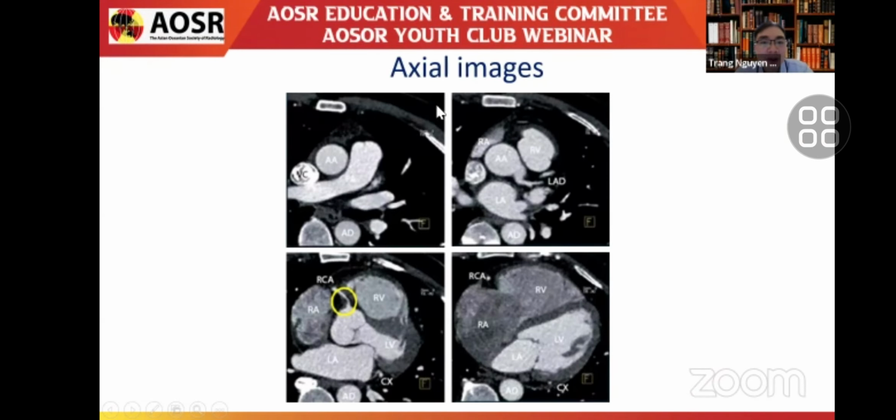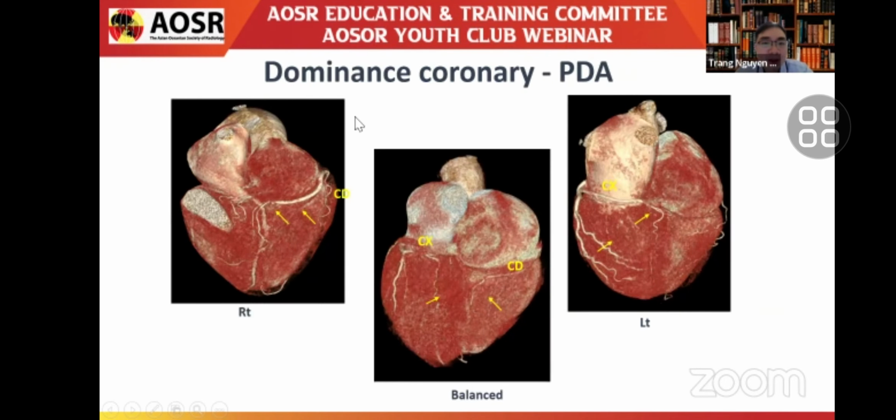So this is the first one. We analyze using the ICA image, and we check the anatomy together with the coronary anatomy. We check the other related anatomy like the ascending aorta, or LV, LA, or RA, etc. And sometimes we check for the dominant coronary.